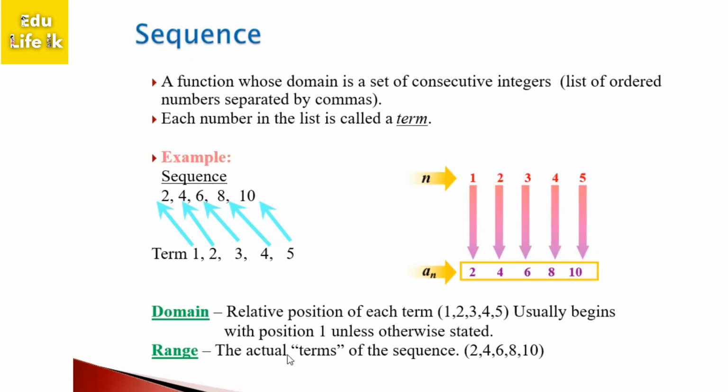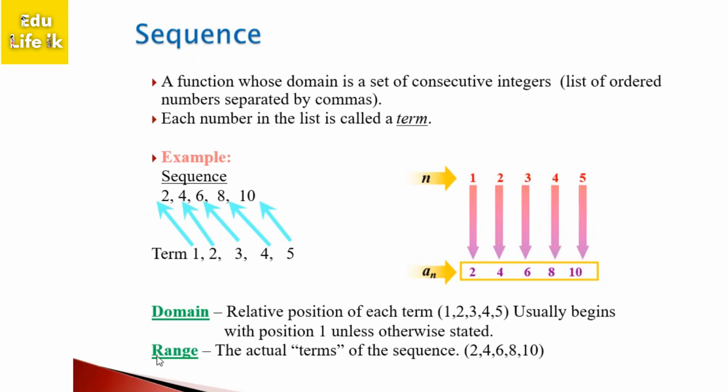A sequence usually begins with position 1 unless otherwise stated. So we call this set of consecutive numbers the domain of the sequence. Most of the time this will be the common domain for any sequence.